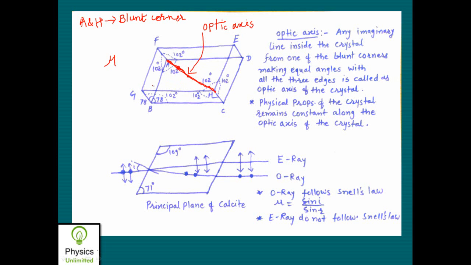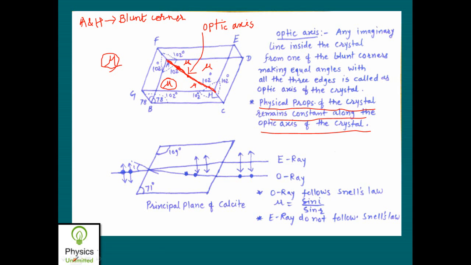But for any other direction, if you measure the refractive index along these directions of the crystal, you will have different values of mu, because the physical properties of the crystal are different in different directions. But along the direction of optic axis, the value of refractive index mu remains unchanged. It means that physical properties of the crystal remain constant along the direction of optic axis. Is it clear?